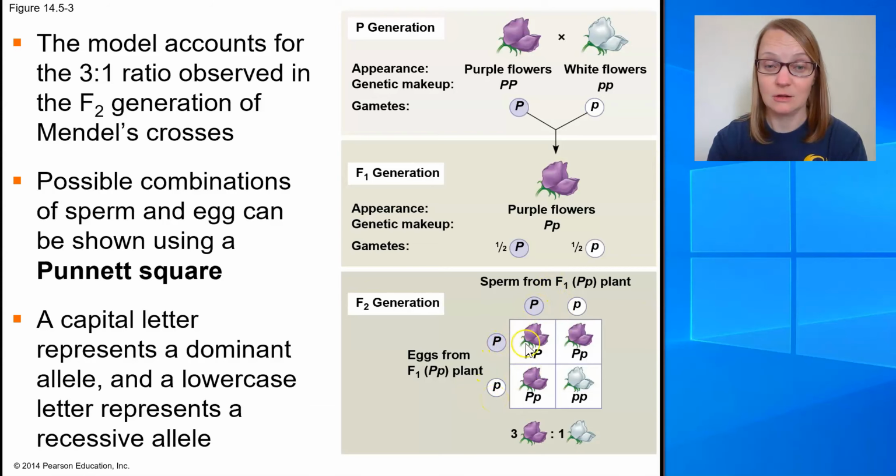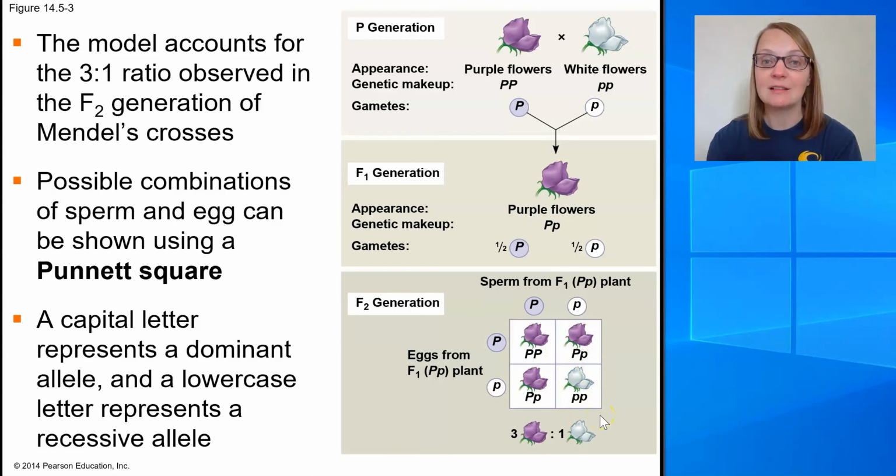So this egg could be fertilized with this sperm to give you a homozygous dominant. You can have this sperm fertilizing this egg. Here you have a heterozygote. You could have this egg right here fertilized by this sperm to have a heterozygote. And then you can have this egg also fertilized by this sperm, giving you the homozygous recessive.